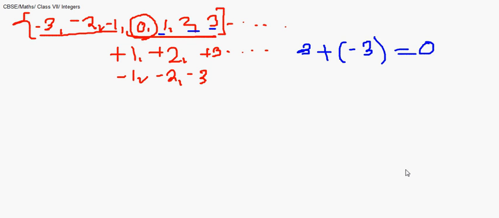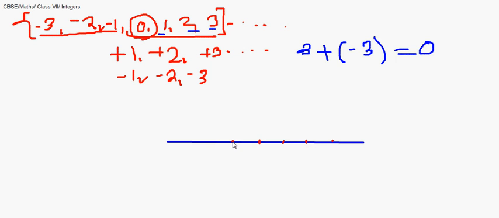Now the next part is how do we represent these integers on a number line. How do we do so? Let me just mark it and then I explain. Let me use another color. I'm trying to put the equivalent distance between all of them.